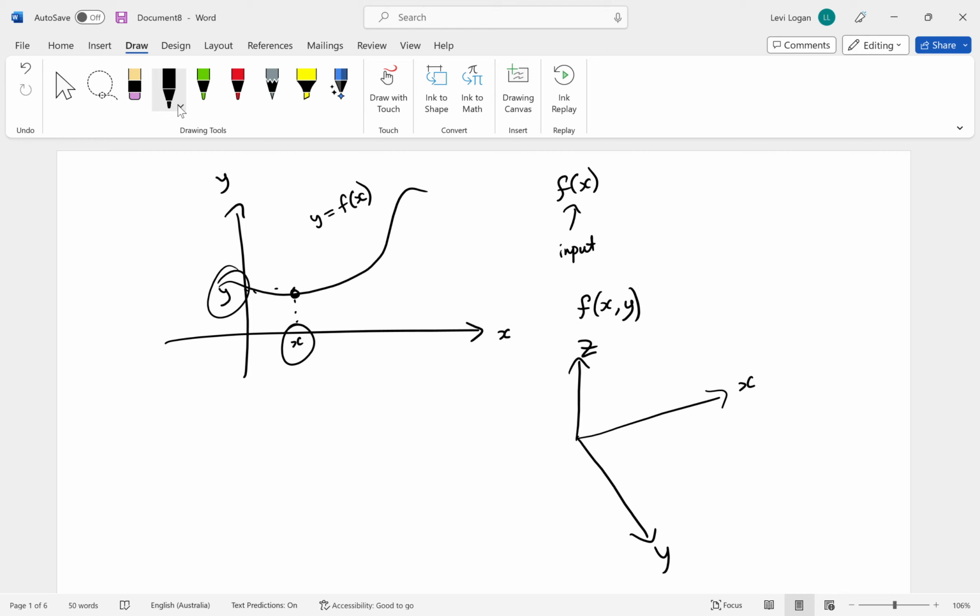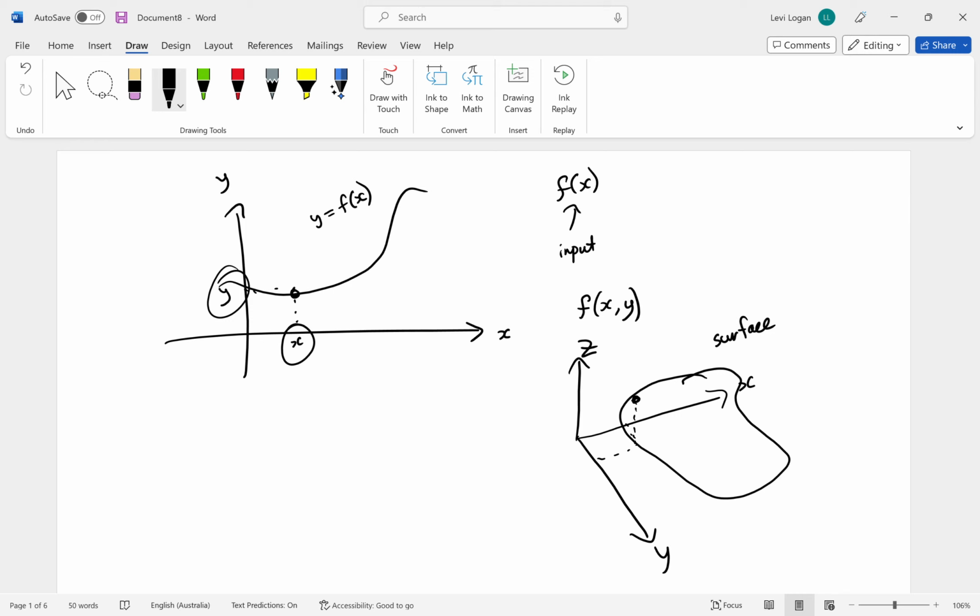Here, if you have one x value and one y value, it gives you a height. So instead of dealing with a curve, you're dealing with a surface. Can you see how that works? If you get an x and a y point, you get a height on the surface, and if you get a bunch of these points together, you create a surface.